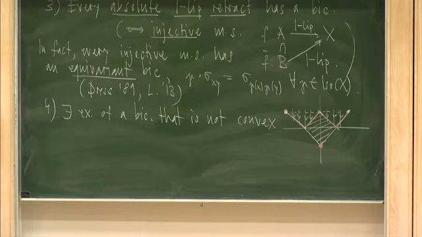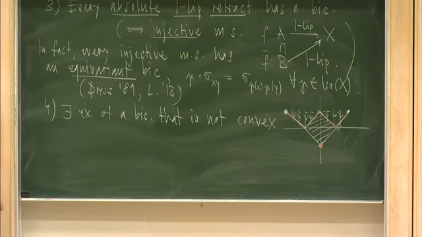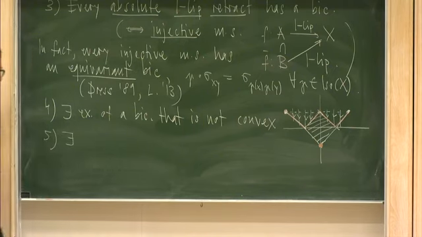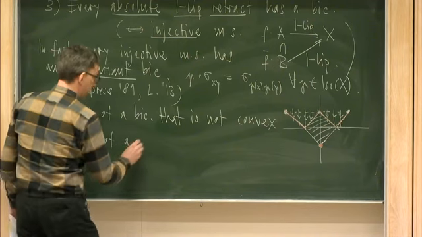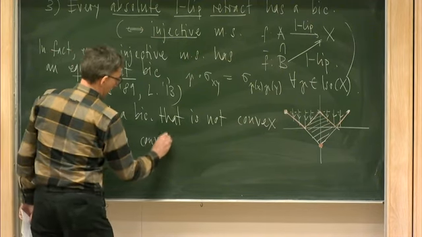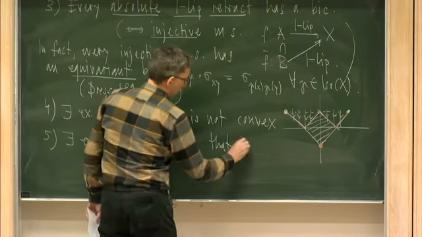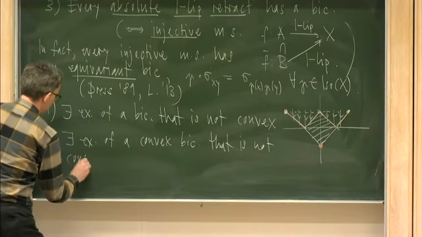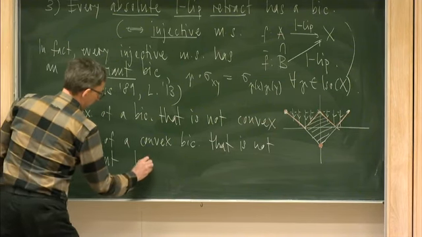Somehow these examples are a bit artificial, but still it shows that the possibility is there. And there is an example of a convex bicombing that is not consistent. That's hard.